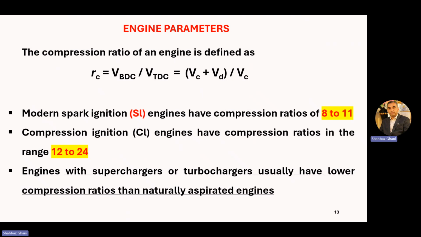So both are basically increasing the volumetric efficiency of the engine, by increasing the inflow and the outflow. And engines equipped with a supercharger or turbocharger have a lower compression ratio compared to naturally aspirated engines, in which you don't have these devices. Those naturally aspirated engines have a higher compression ratio.